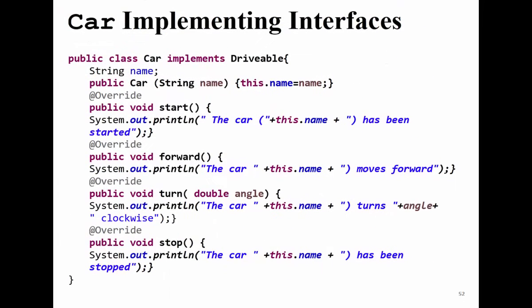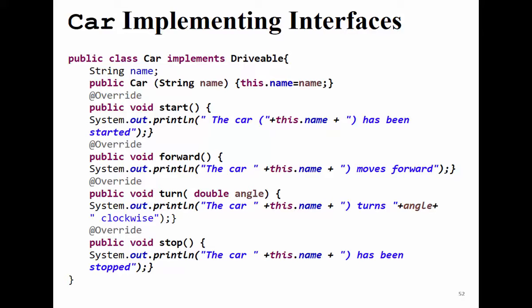Now, if I have a car, absolutely the car is a drivable. In this case, we have a name for the car, and we provide a method. We have the constructors, and in addition to that, this car implements the drivable interface. Once I say that my object implements a specific interface, that means this object should provide implementations and definitions for all the methods inside the interface.